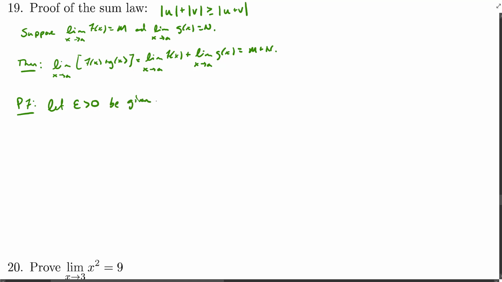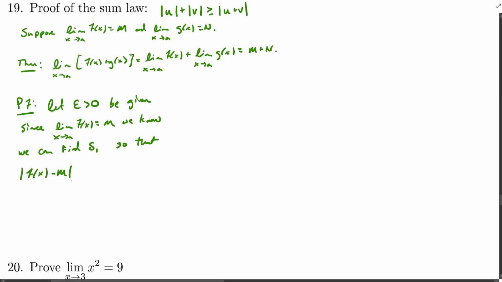Before I set what I want my delta to be, I need to do a little preliminary work. Since the limit as x approaches a of f of x equals m, we can find a delta 1 so that the distance between f of x and m can be made as small as we wish.